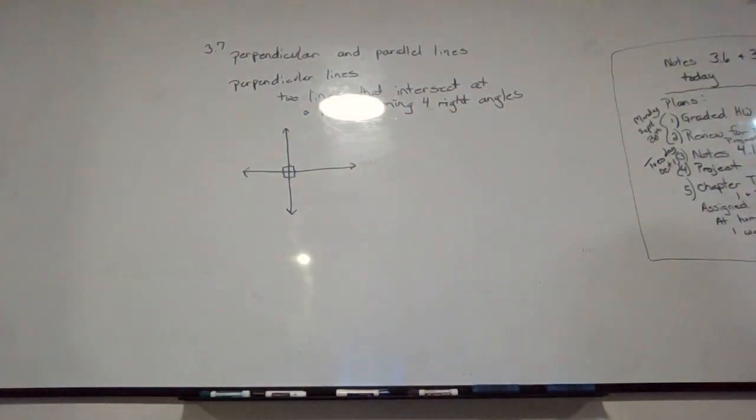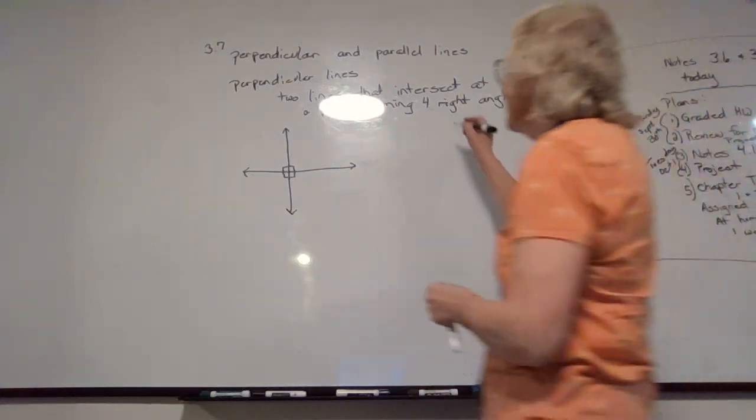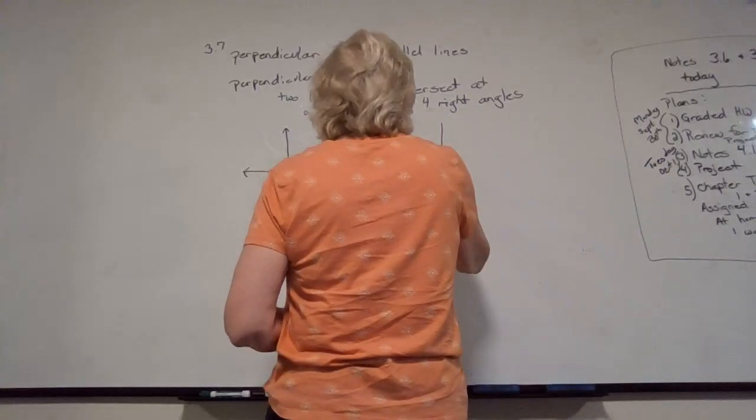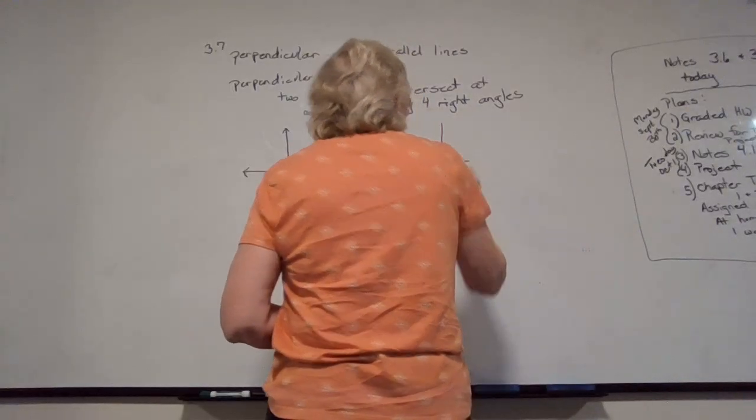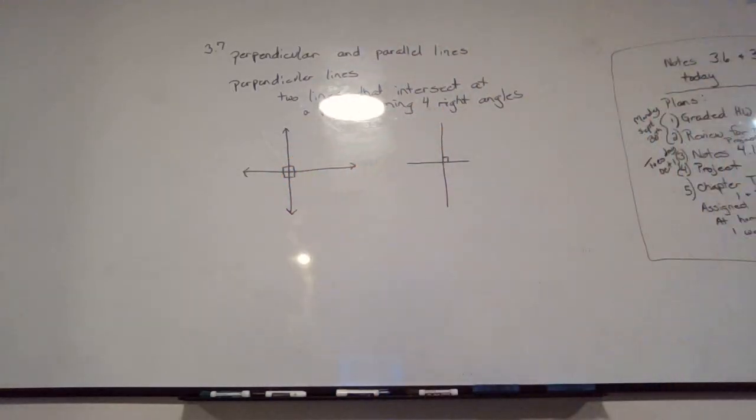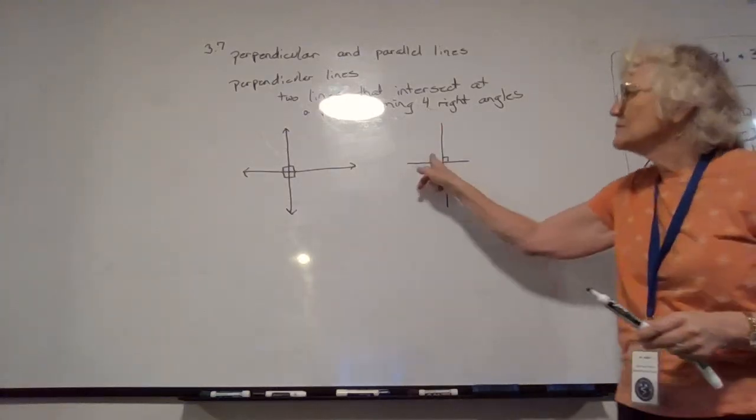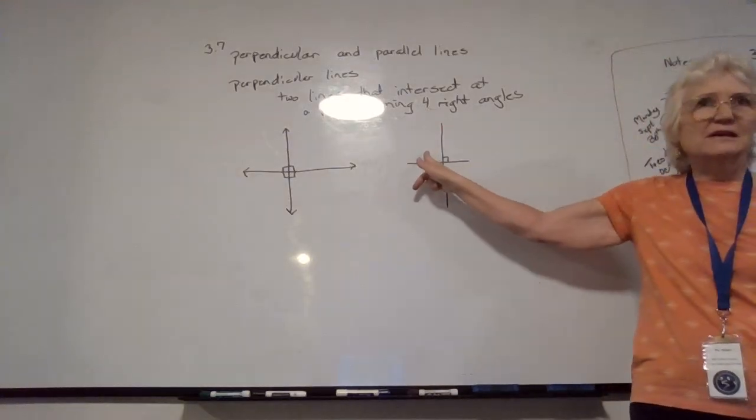That's one way. The other way is you actually can just put it down in one spot. Okay, does anybody know why I only have to mark one? Why do I know this one's also 90 degrees? Yes.